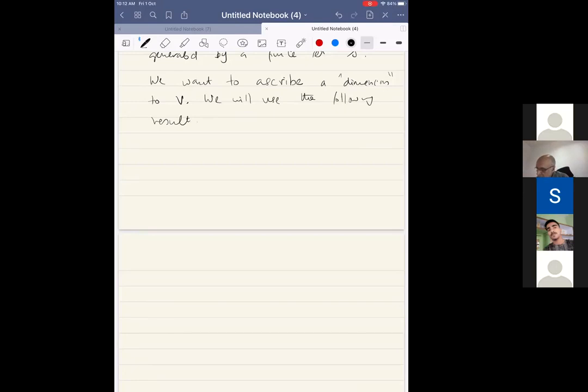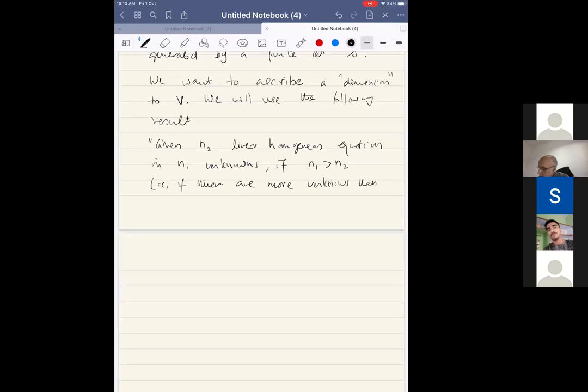So here is the formulation that you probably know. Given n2 linear homogeneous equations in n1 unknowns, if n1 is bigger than n2, if there are more unknowns than equations, there exists a non-trivial solution.